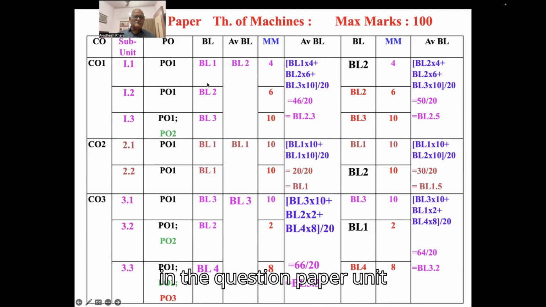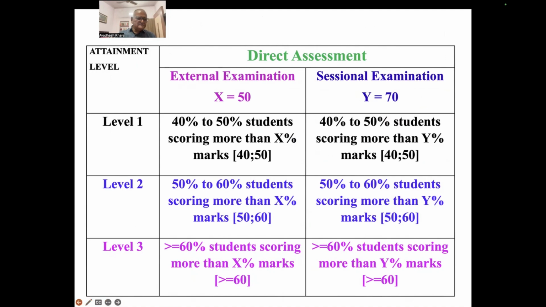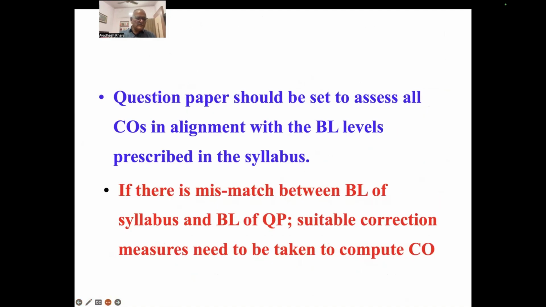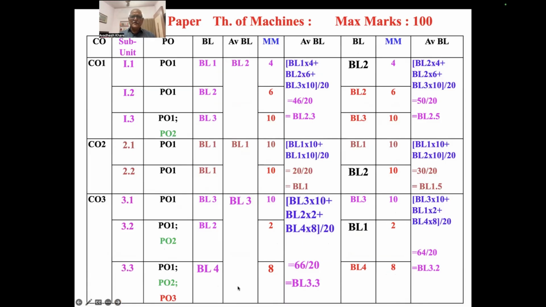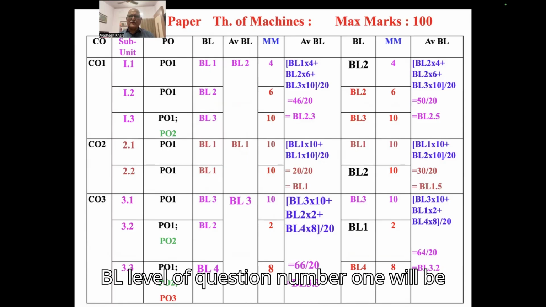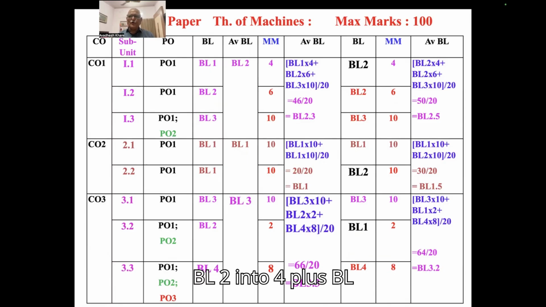But suppose in the question paper, Unit 1.1, in place of a question having degree of difficulty 1, BL1, has degree of difficulty 2. Then the average BL level of question number 1 will be BL2 into 4 plus BL2 into 6 plus BL3 into 10 divided by 20, that is 2.5.